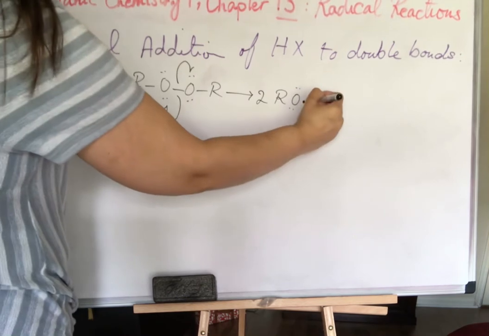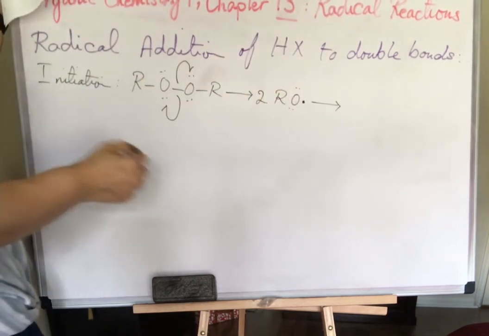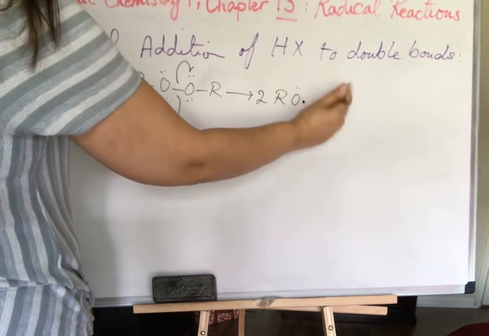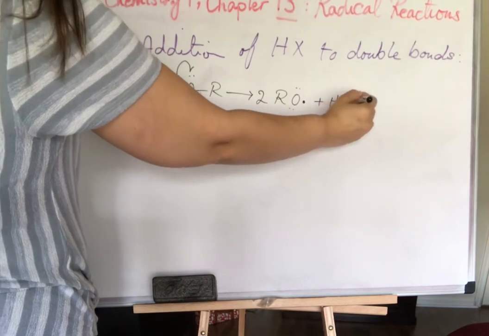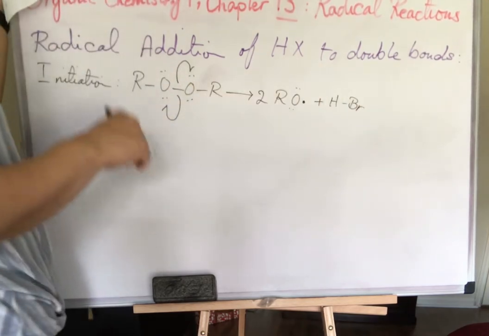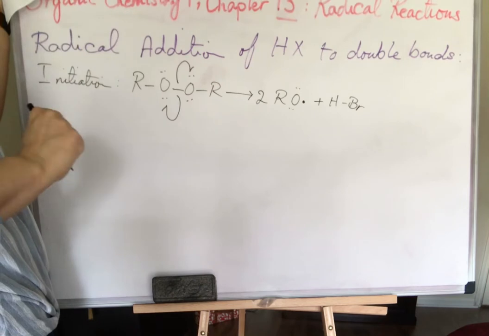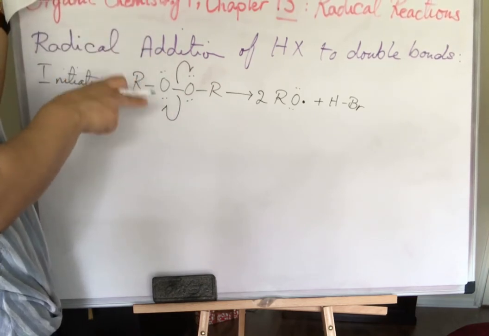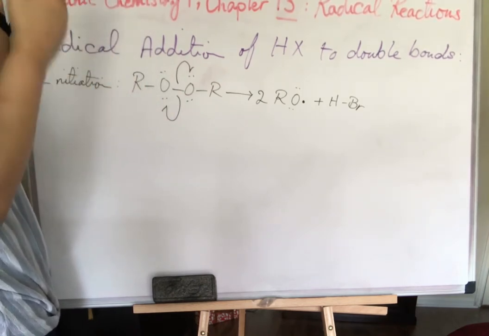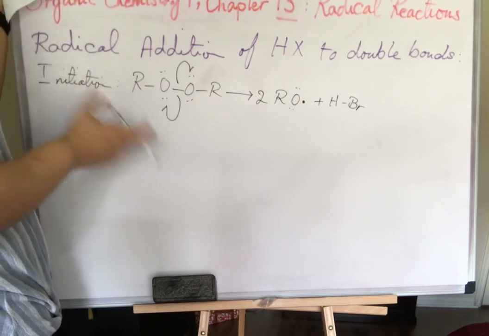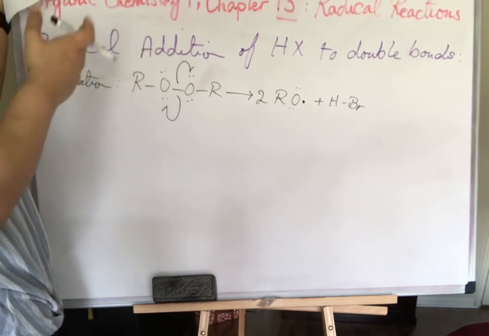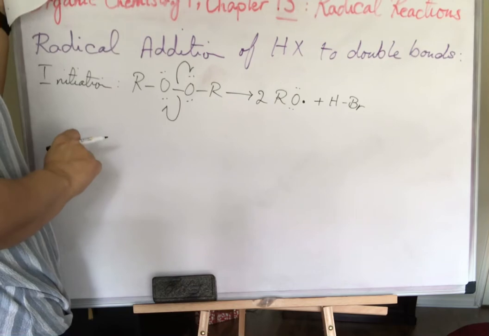In the second step, then you can have HBr, right? We have the peroxide and HBr. So that's why you use peroxide. UV light and heat do the same, but you cannot show it in the mechanism, so that's why we chose the peroxide.